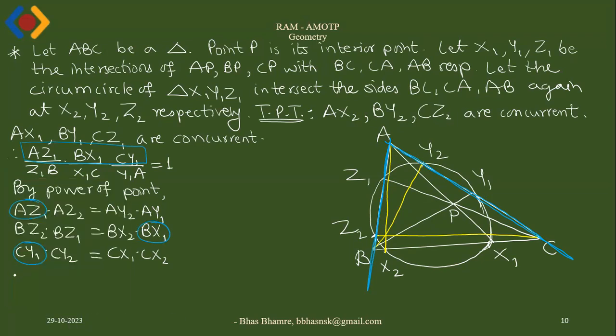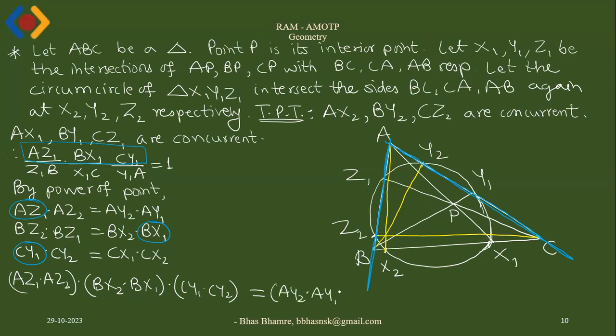So I take AZ1 times AZ2, times BX2 times BX1, times CY1 times CY2 is equal to the other sides, that is AY2 times AY1, times BZ2 times BZ1, times CX1 times CX2.